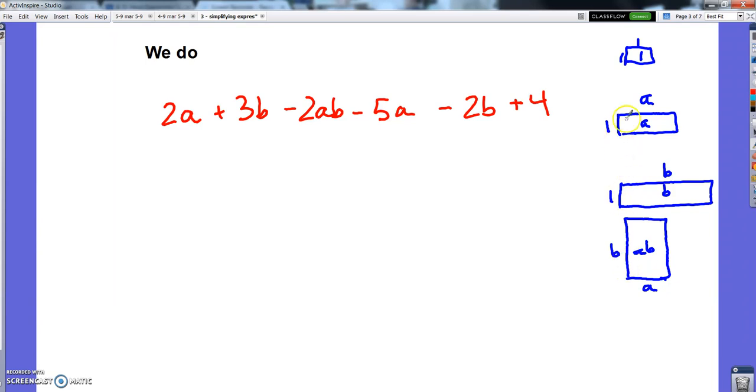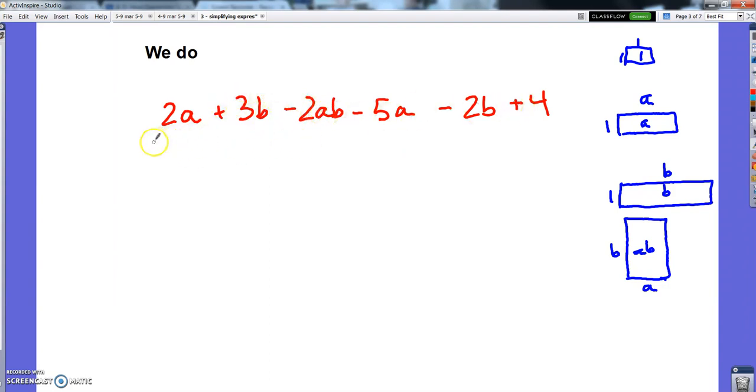So instead of just having the blocks you're used to having, I've got a couple new, kind of a different situation here. 2 different variables plus the product of the 2 variables. And that's just going to remind me to only combine what can go together. So looking at all this, I've got A blocks here, B blocks here, B blocks here, some of these AB blocks here, and the 4.